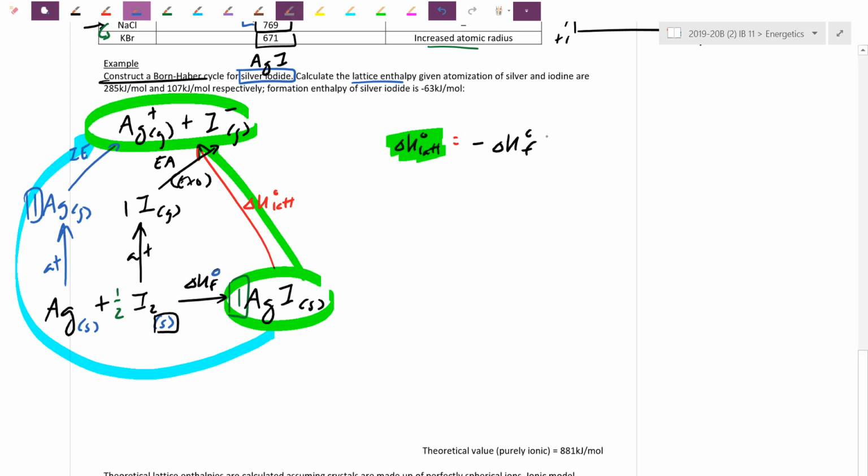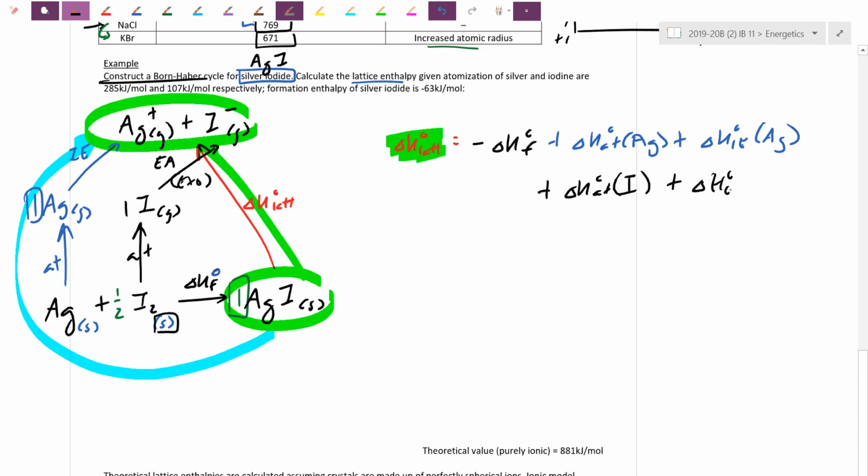For the metal, I need the enthalpy of atomization of the metal, in this case Ag, plus the ionization of Ag. And then for the non-metal, I'm going to atomize the I, and then the electron affinity. I want to give it that electron, also the I.